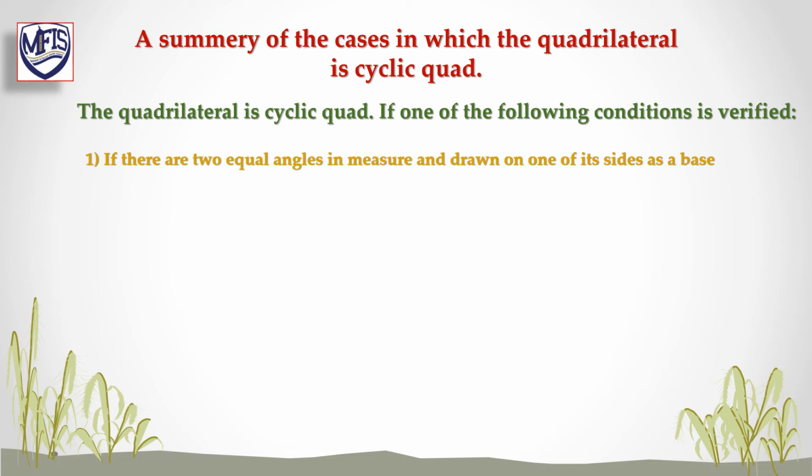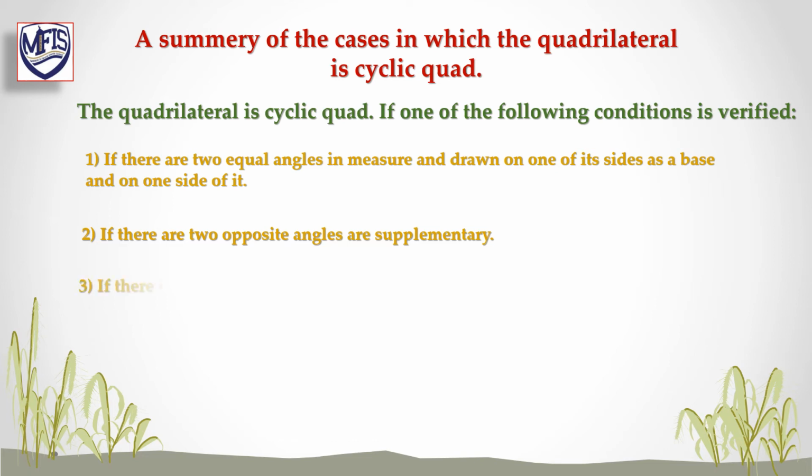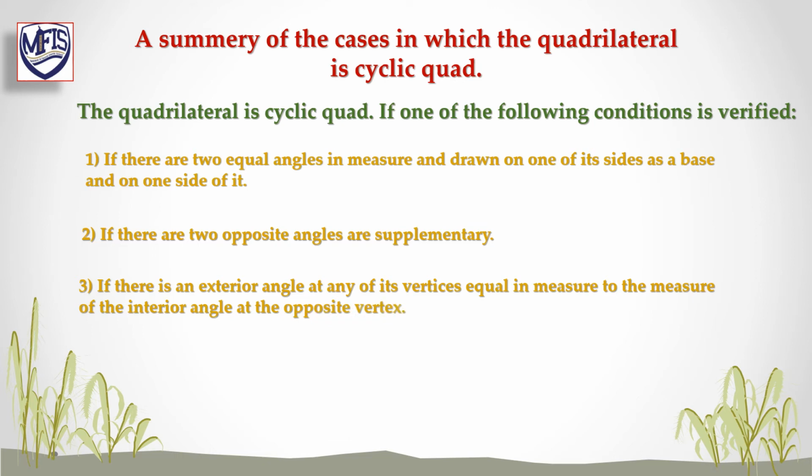Number one, if there are two equal angles in measure drawn on one of its sides as a base on one side of it. Number two, if there are two opposite angles that are supplementary. Number three, if there is an exterior angle at any of its vertices equal in measure to the interior angle at the opposite vertex.